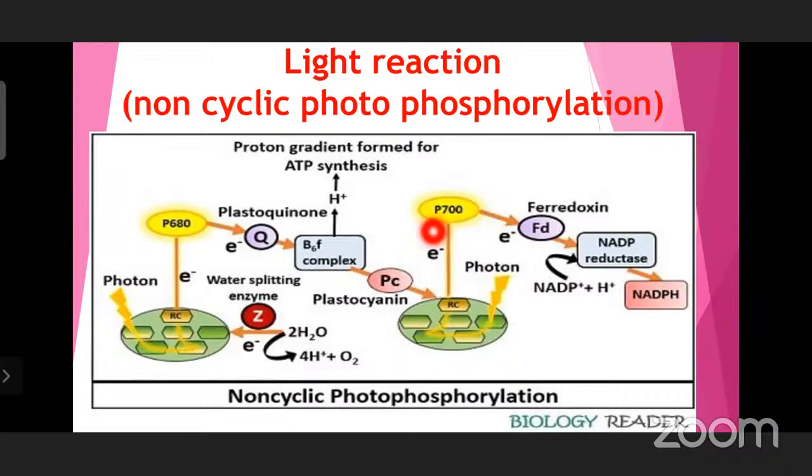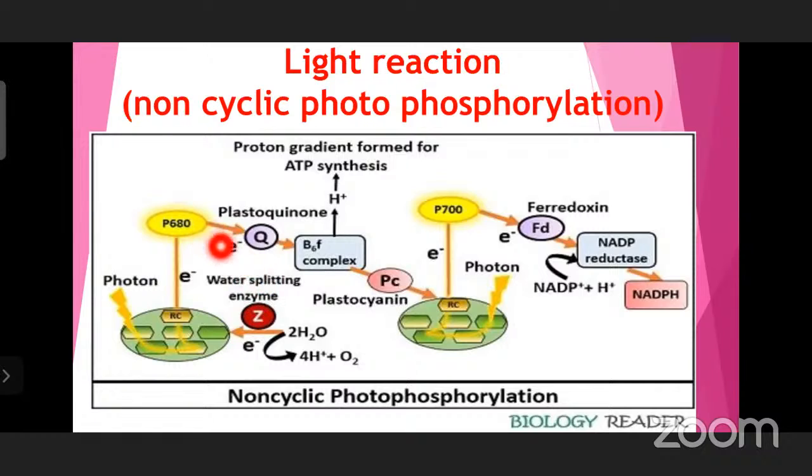So here in non-cyclic photophosphorylation, you will be seeing the electrons which are excited in the reaction center of PS2. This is PS2. It is jumping and taken by the primary electron acceptor, and you can see the plastoquinone, and the B6F complex, that is the cytochrome complex, and the plastocyanin molecule. So the electron is getting transported.